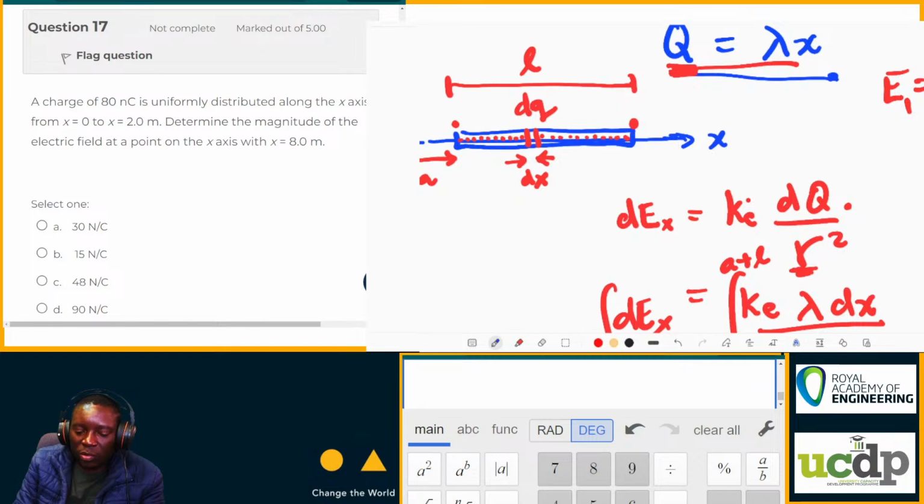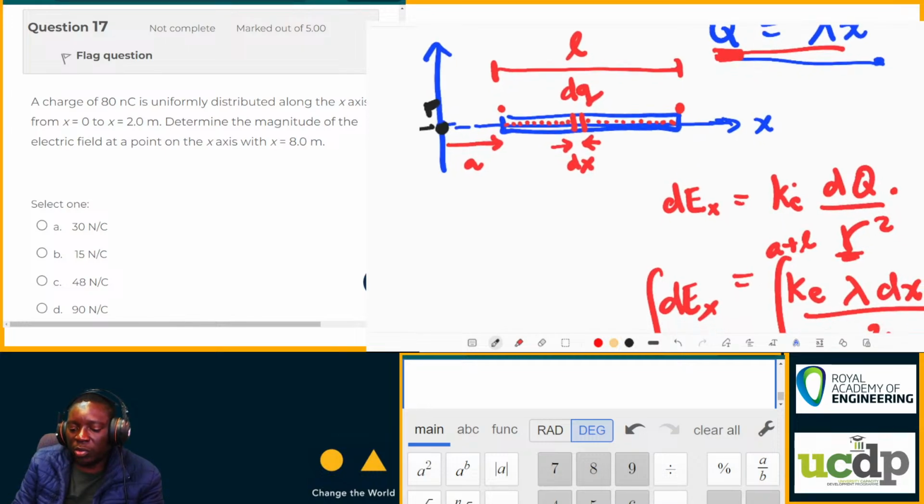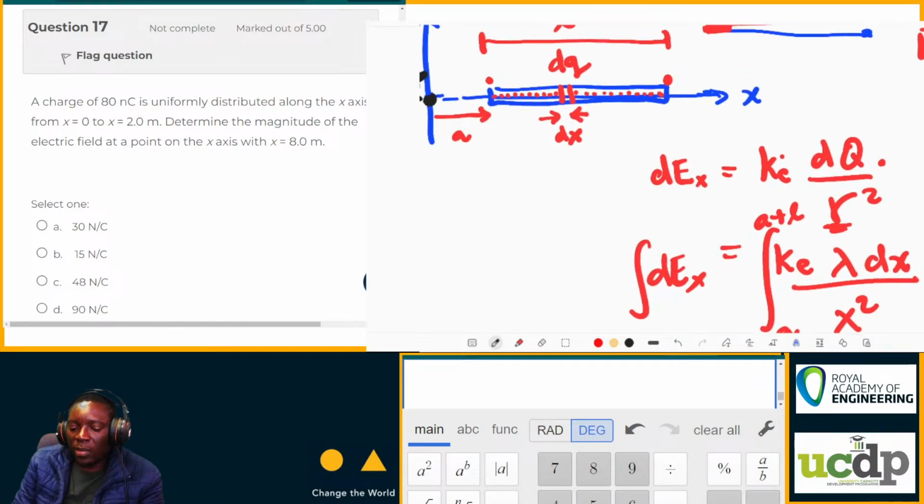For this diagram, what we're measuring is the electric field at this point. It's the electric field at P, which is basically at the origin due to this uniform distribution of charge. So that means A becomes the distance from the point of measurement to the rod.